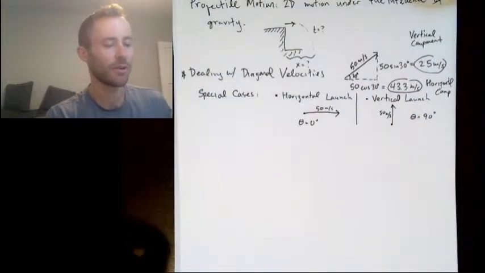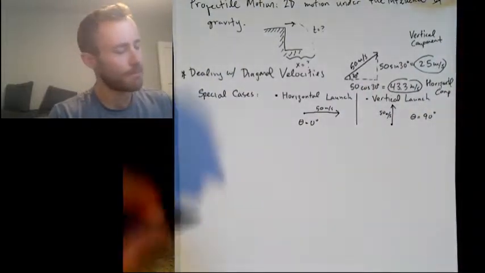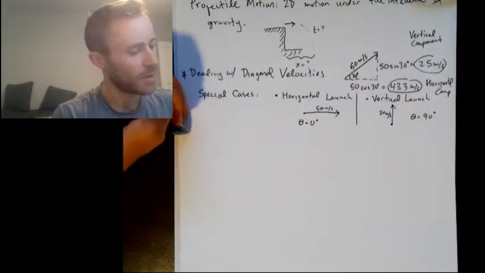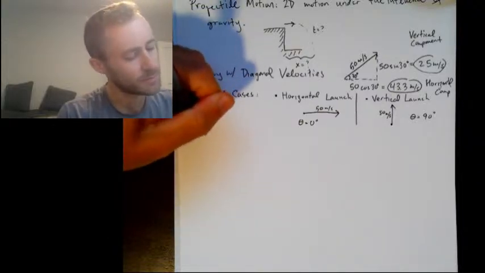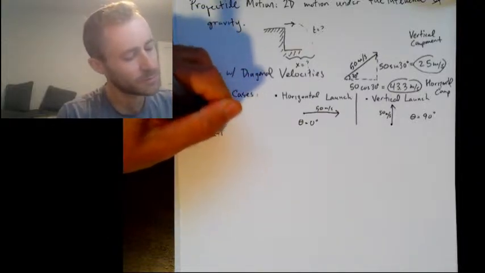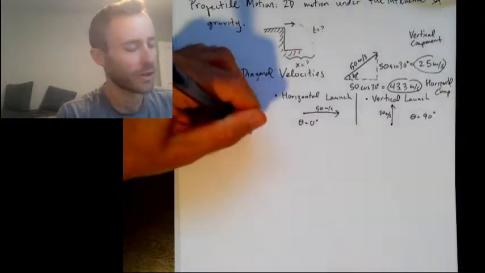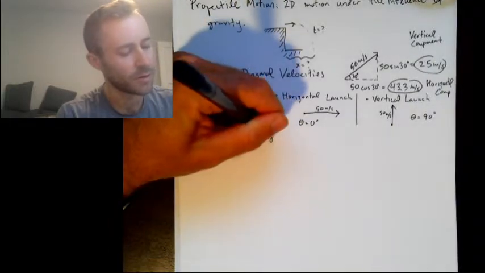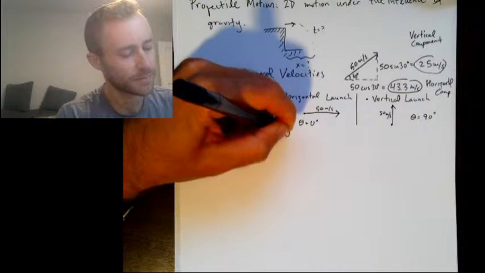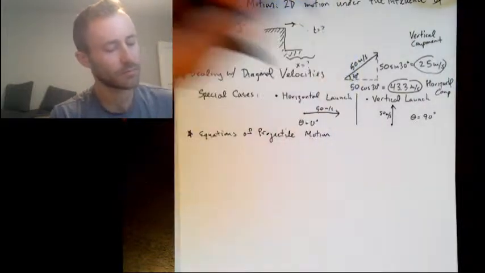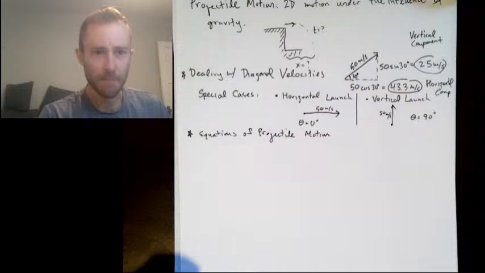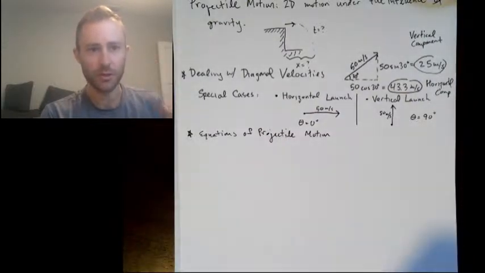Okay. Very good. So now we're going to talk about the equations of projectile motion. So there are two equations. Okay, and they're both based on the first kinematics equation.